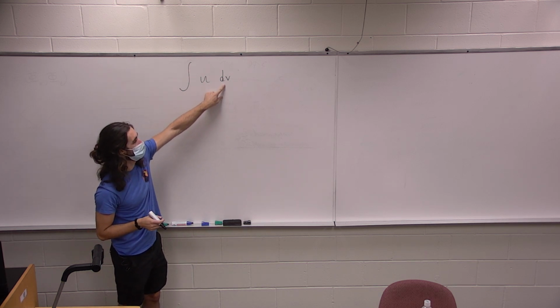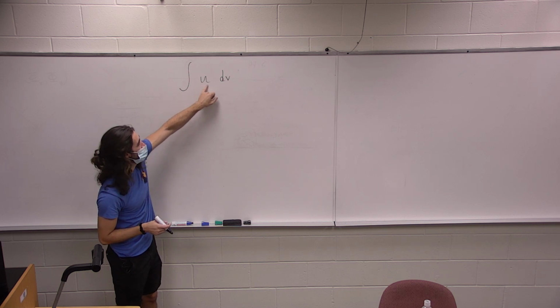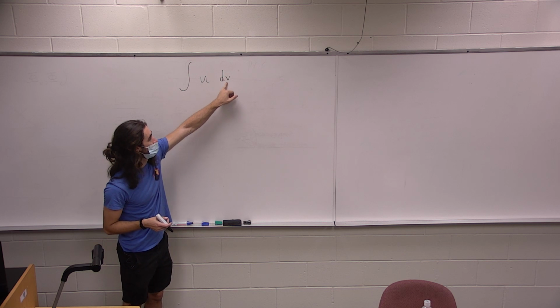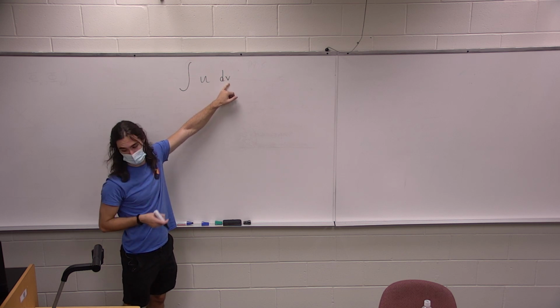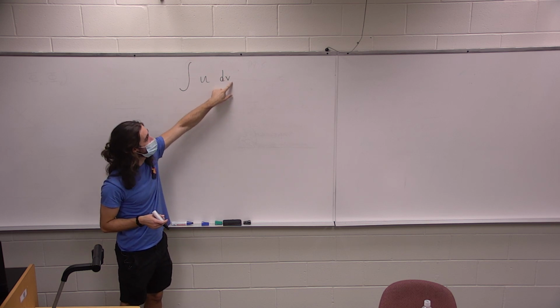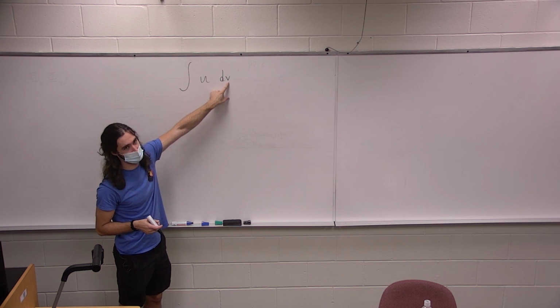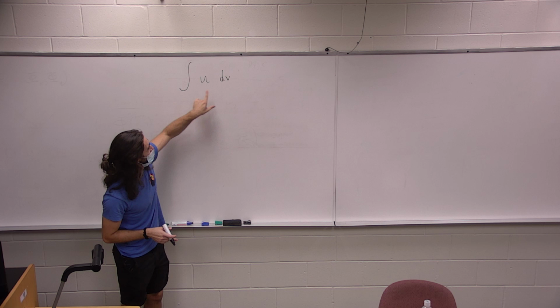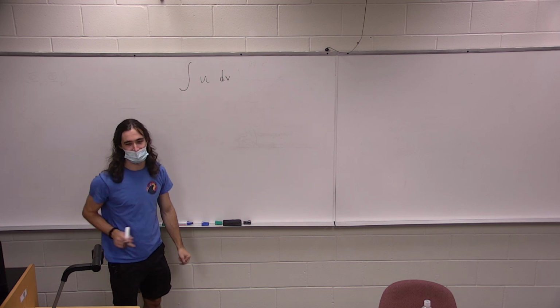This is one way that it's written. So u is some function of whatever your variable is, and v is also another function of your variable, and dv is supposed to mean the derivative of that. So don't get too caught up in it. It's for when you have a product of two functions and you're trying to integrate that.